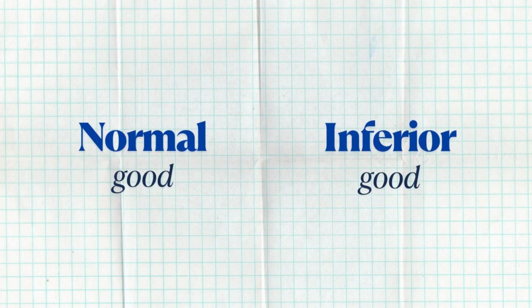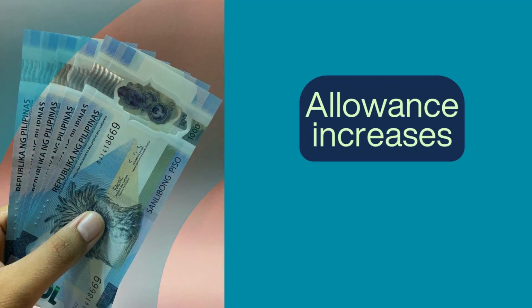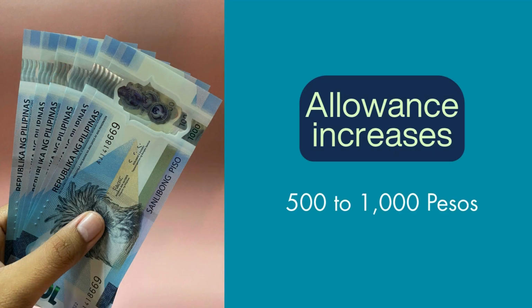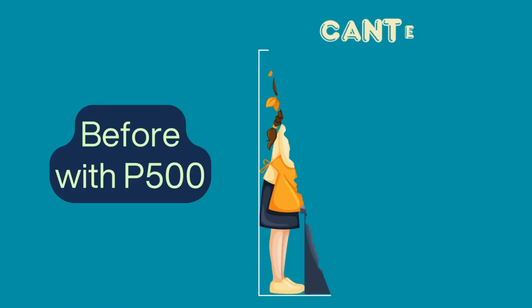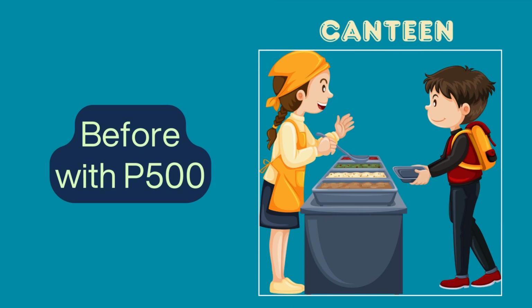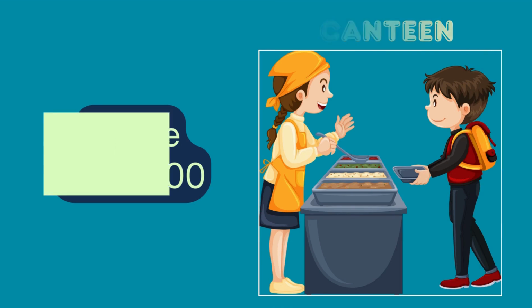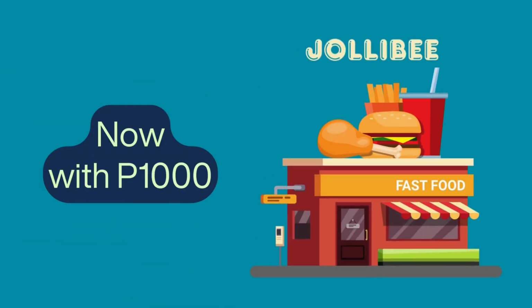Let me give you an example of normal and inferior goods. Let's say your parents decided to increase your allowance from 500 pesos to 1,000 pesos a week. Before, with 500 pesos, you preferred to eat your lunch at the university canteen. But when your allowance increased, you decided to eat at Jollibee.